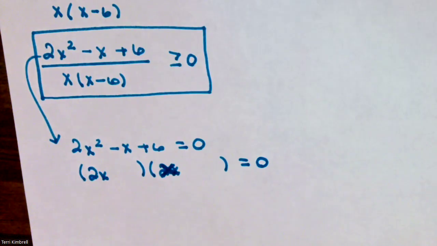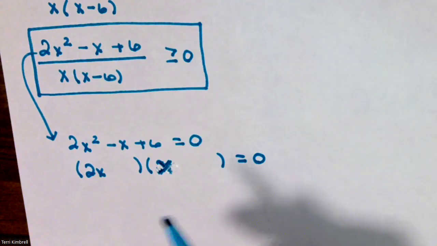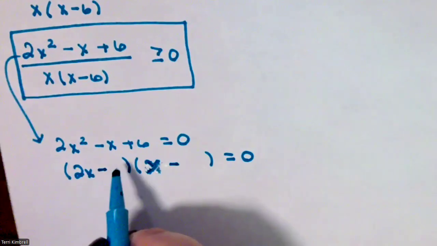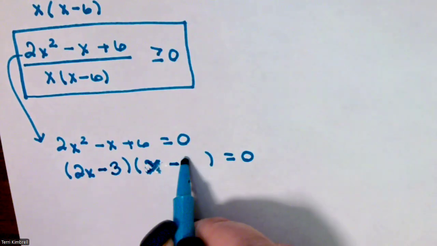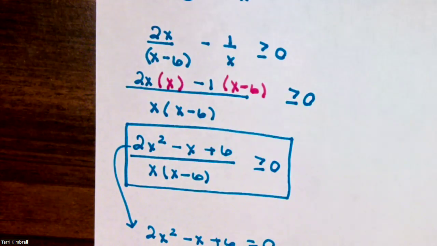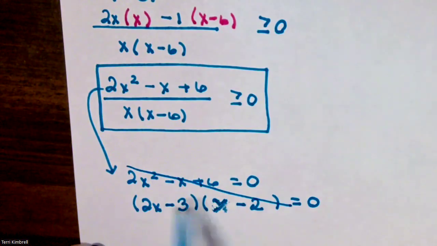So then I'm going to try 3 and 2. When you try, you want to put the minus and minus, and you don't want to put the 2 here. So I'm going to put a 3 and a 2. And you see that I'm not able to factor this.